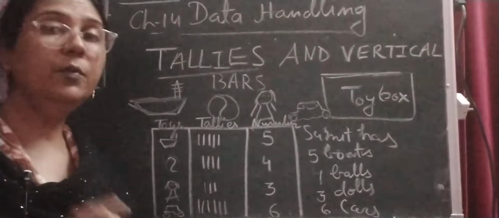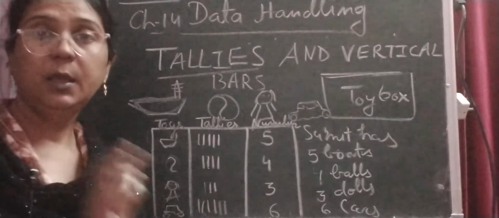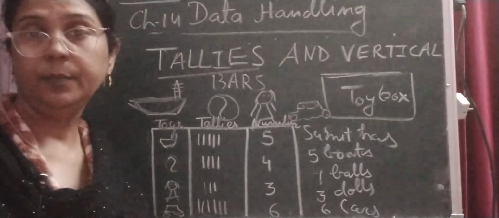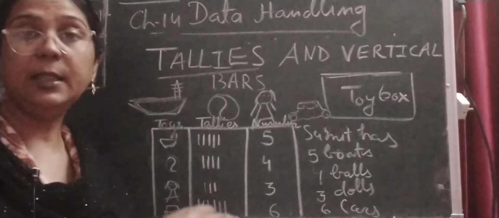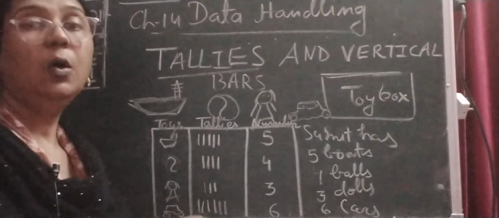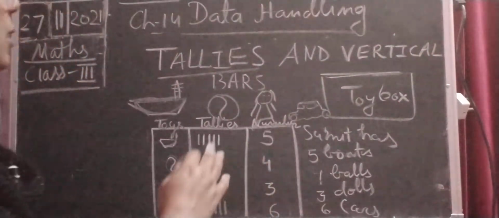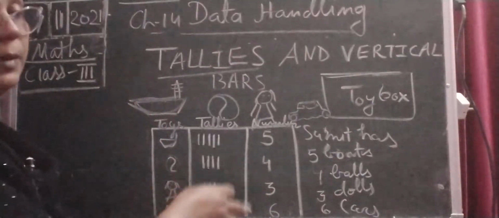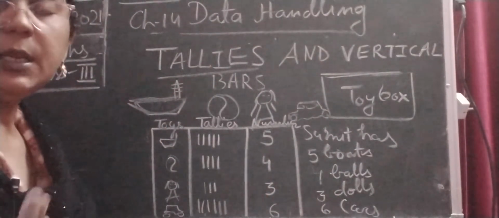So that is how we can create data. This is called data handling by the help of the tallies and the numbers, okay, or vertical bars. We can create this table easily, create हो गया.